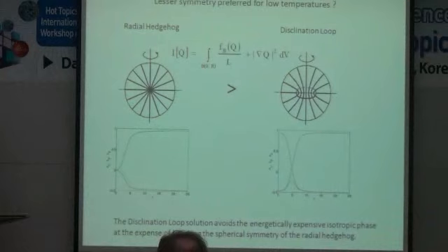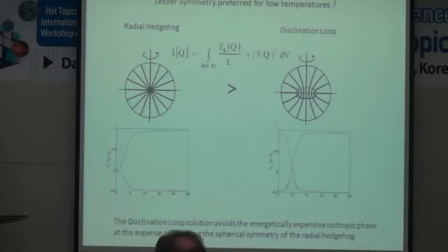It's been published in the literature before. We have a spherical droplet with radial boundary conditions. We're working with low temperatures, and numerics suggest that there are two different competing equilibrium solutions. There's the radial hedgehog solution, which is perfectly uniaxial and radially symmetric with an isolated isotropic point. You have a disclination loop solution, which has this biaxial shell around the center, but it has lesser symmetry.